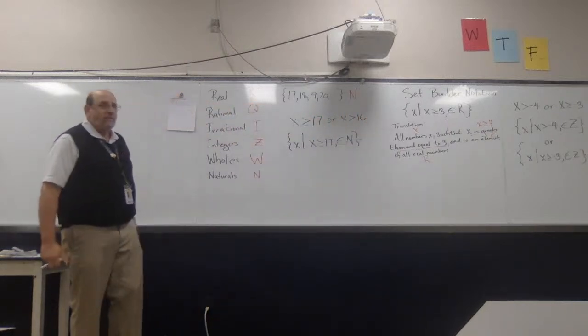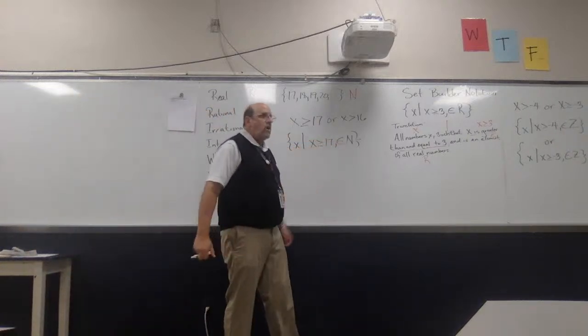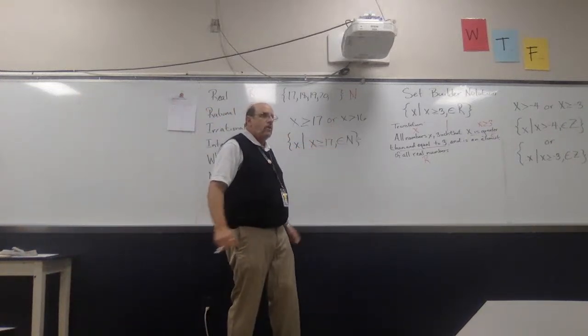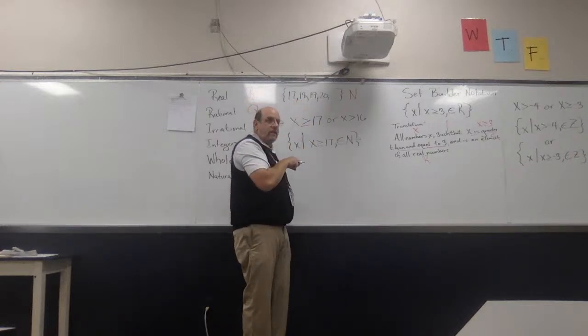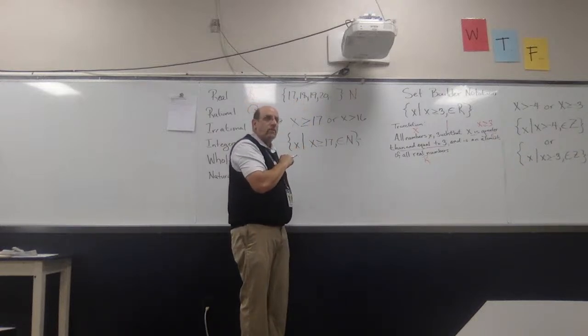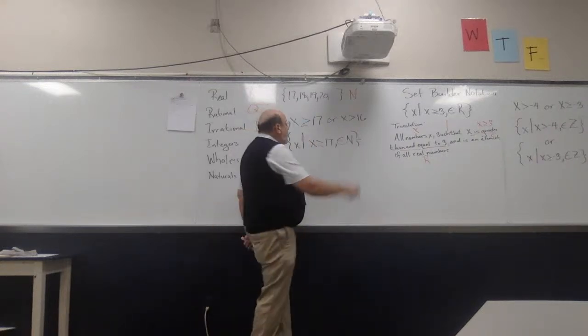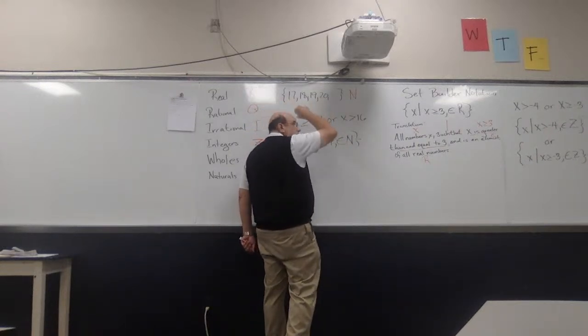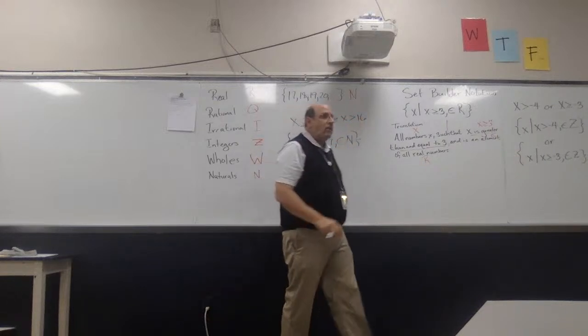And we said we're talking about natural numbers. If I want to include the number I see in the set, I use the half equal sign there. If I don't, I go down one number or up one number and start there.